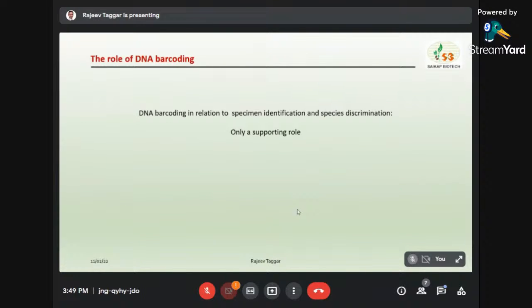So trust me, when you are doing biotechnology, when you're talking to the traditional plant breeders, when you're talking to the people from the Botanical Survey of India, give them the due respect. Within your heart of hearts, know that they're not outdated, but they need something to catch up with. You can have that, but you have to be very humble. So the point I want to say is that, really speaking, DNA barcoding is only a supporting role.